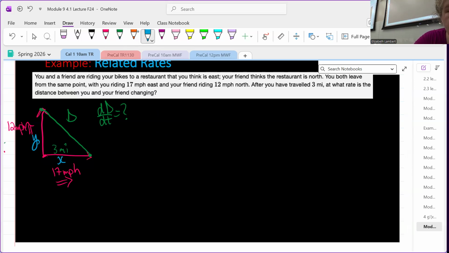All right, so how do X, Y, and D relate here? X is our horizontal distance, Y is the vertical distance, and D is the diagonal distance.